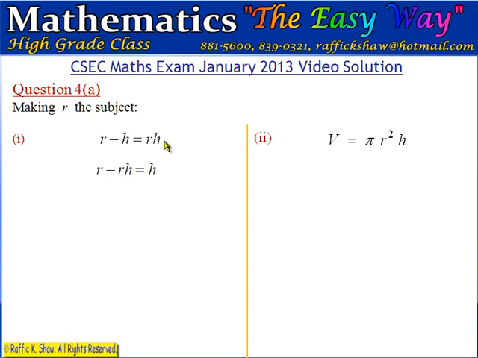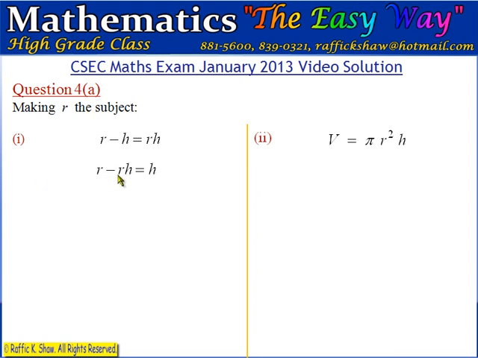The simple way to do this transposition really is to say we take this negative H over onto the right hand side and it becomes this H, and we take this RH over onto the left hand side and it becomes negative RH. So that's a quick way of doing this transposition.